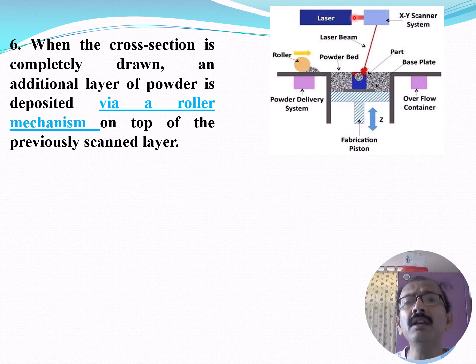This is the laser beam, this is the XY scanner system, this is the powder bed, which moves gradually down, and with the help of the roller the powder material is laid over the previous layer. After melting with the help of the laser, the new layer will be attached to the previous layer. This will continue until the entire product is formed.